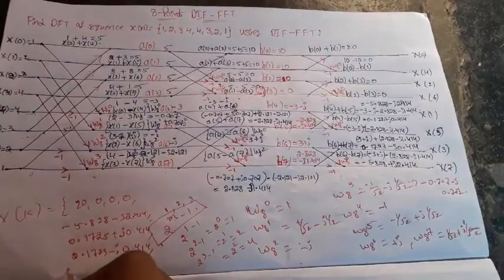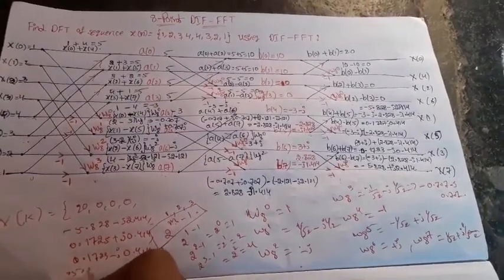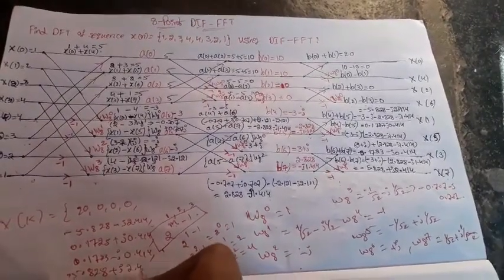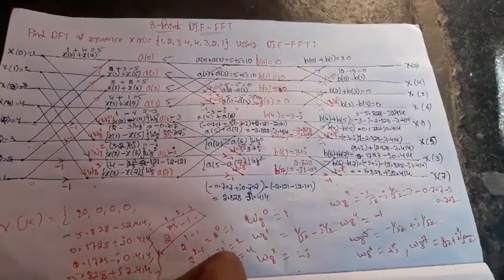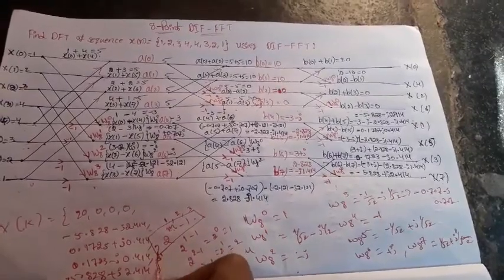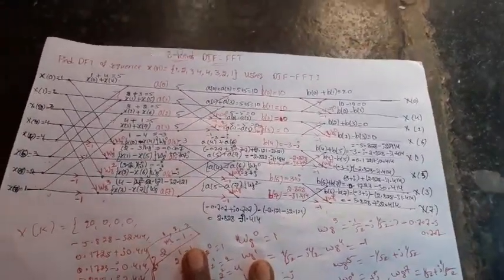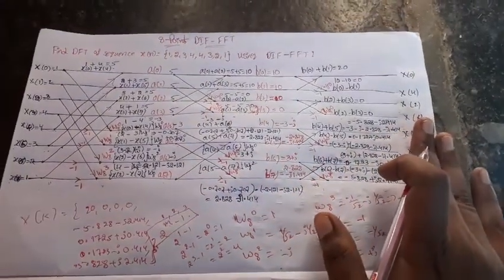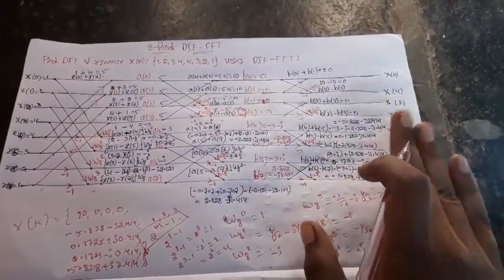The last value is minus 5.828 plus j 2.414. These are the outputs of the DIF FFT after applying the DIF values.